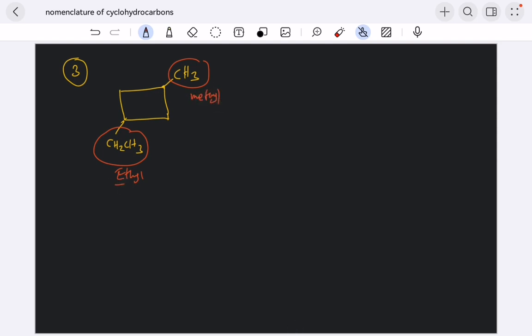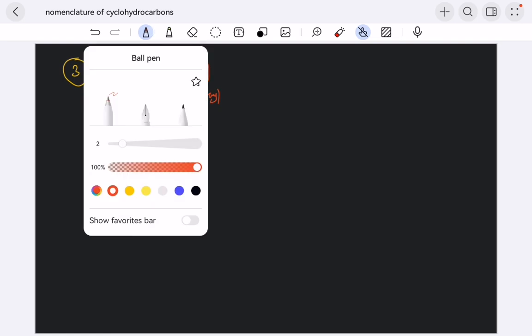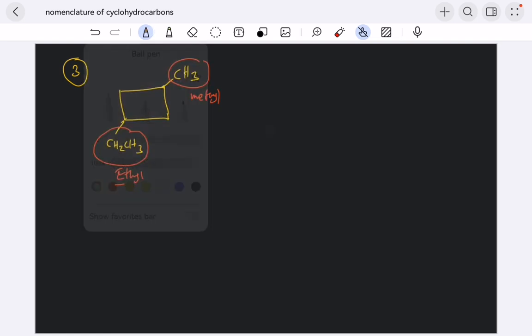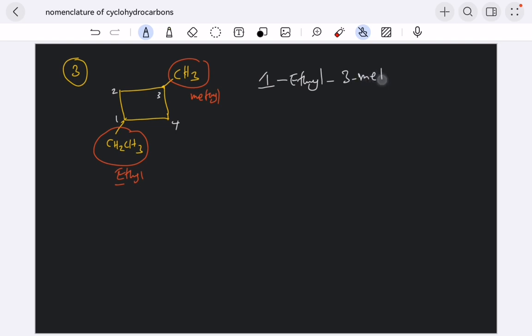So the alphabet kicks in, therefore in terms of counting, this would be the first carbon, second carbon, the third, and the fourth. In terms of naming, we'll say we have 1-ethyl, then 3-methyl, then the parent name. So it's a cyclobutane.